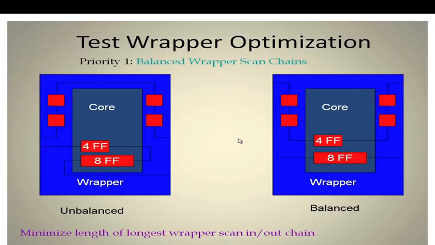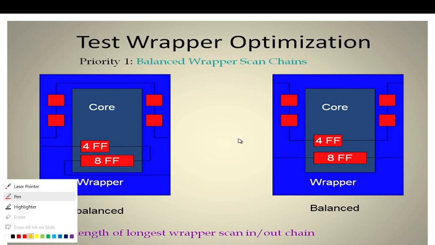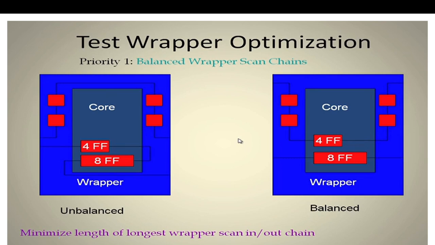So next is the test wrapper optimization. So the first priority should be given that the wrappers are balanced. Say we have one scan chain of length, say 100 flip flop, and the next scan chain of length, say 20 flip flop.